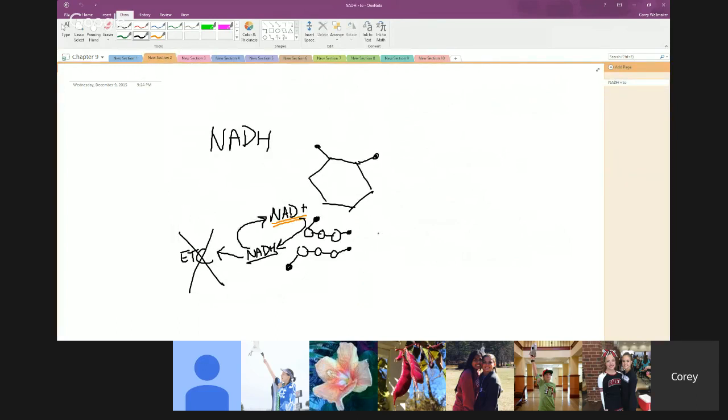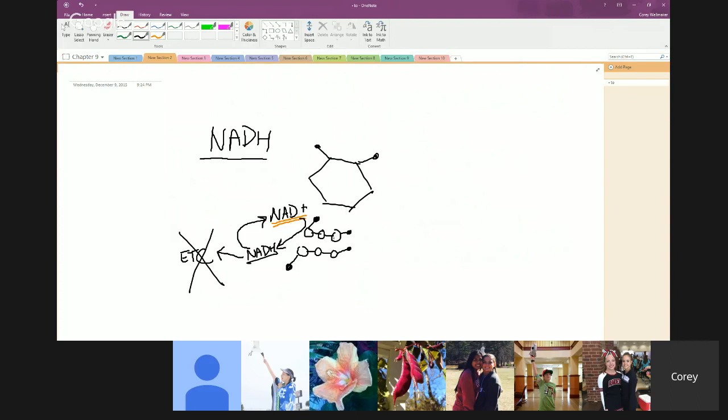So you just need to know that, number one, fermentation happens in the cytoplasm. It happens when there is no oxygen present. And the reason it happens when no oxygen is present is because of this NADH that gets made during glycolysis, you see down here.